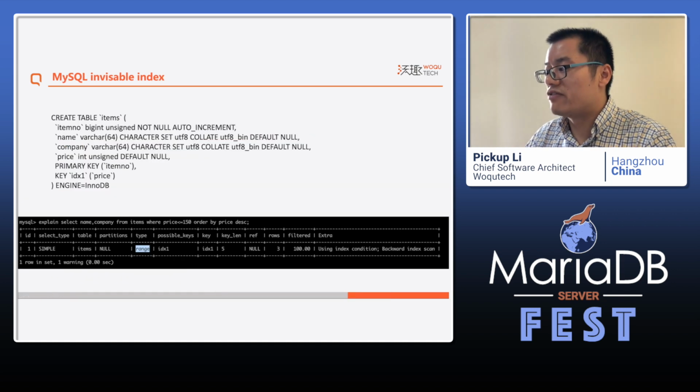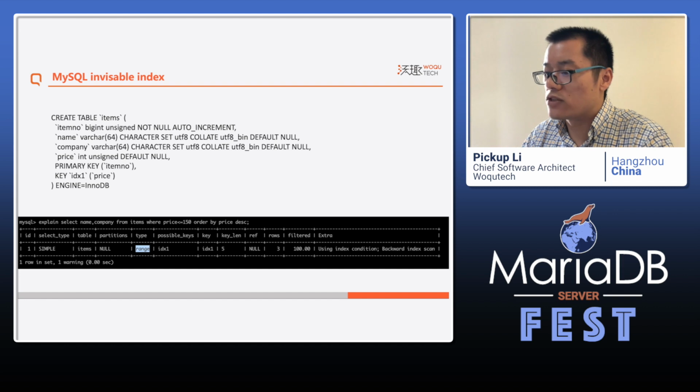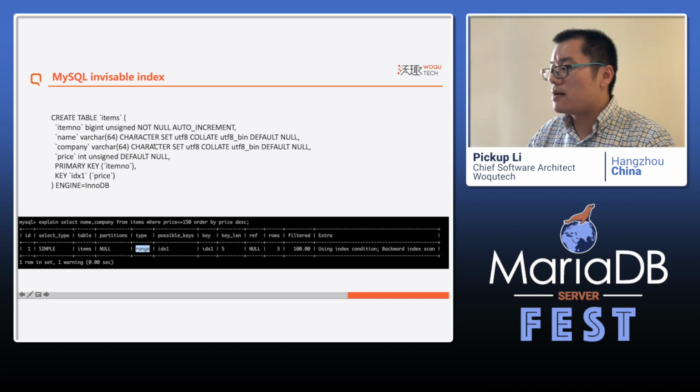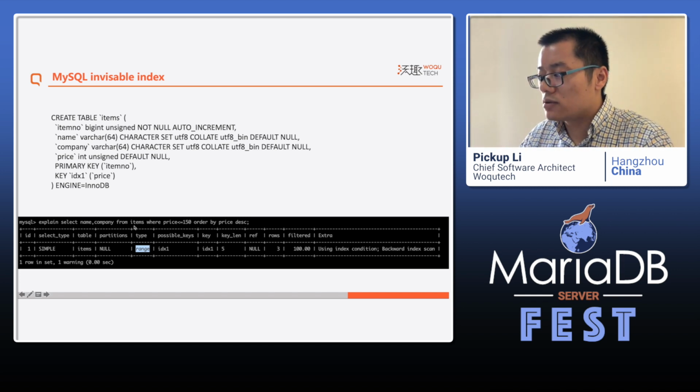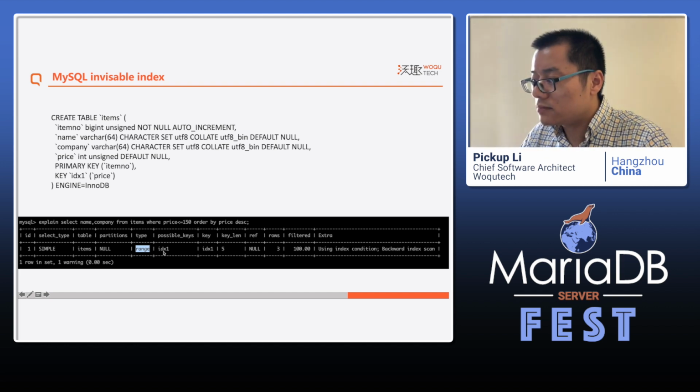Another similar feature is the invisible index introduced in version 8.0 of MySQL. Here we have a table of items. If you select the information from the table of items ordered by price, it can use the index condition for a range index scan as the SQL execution plan.